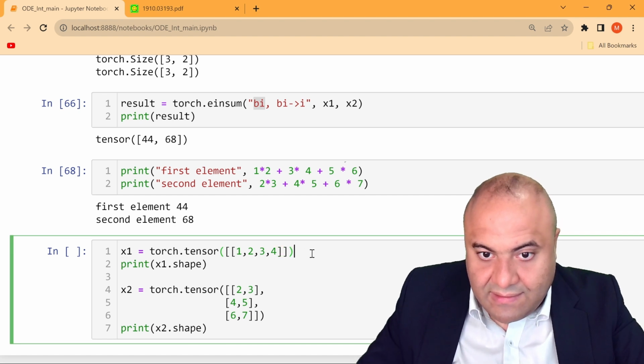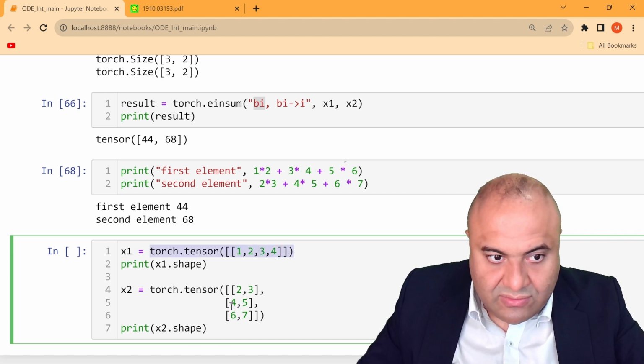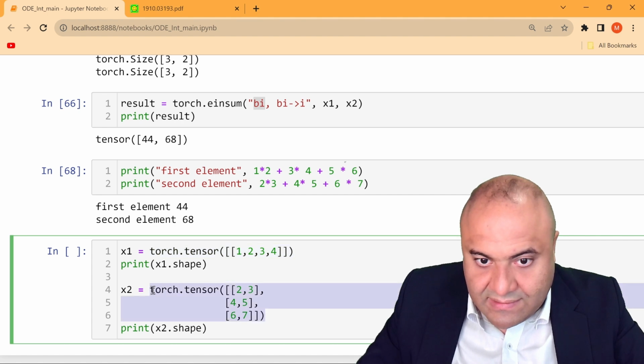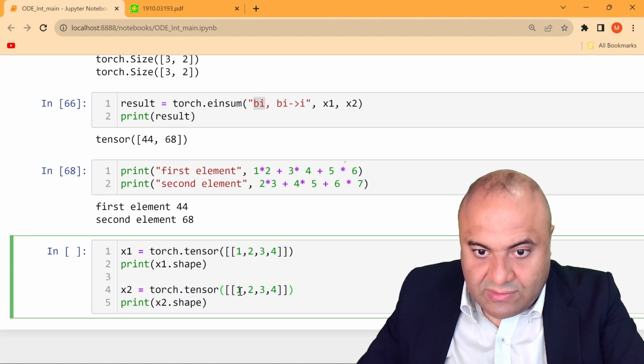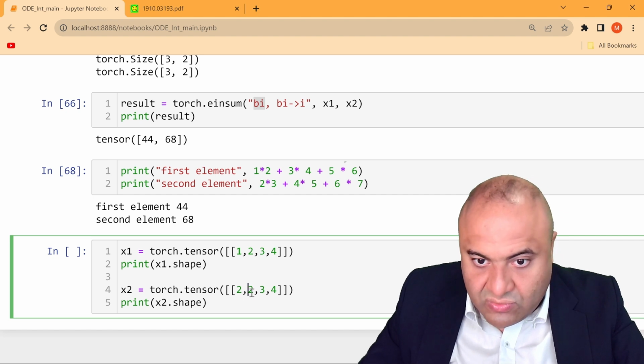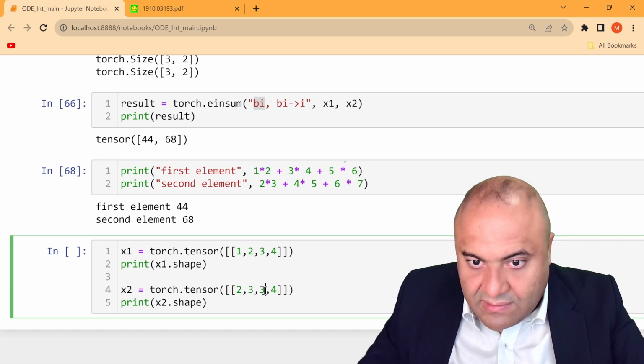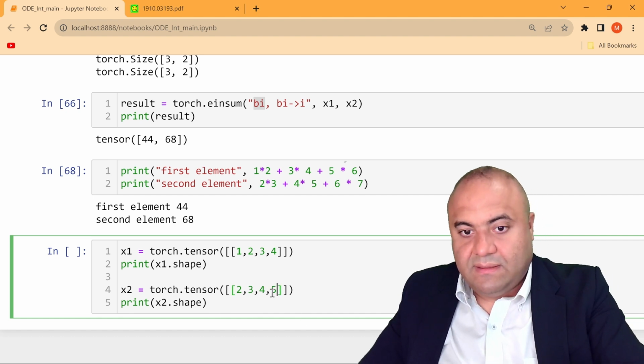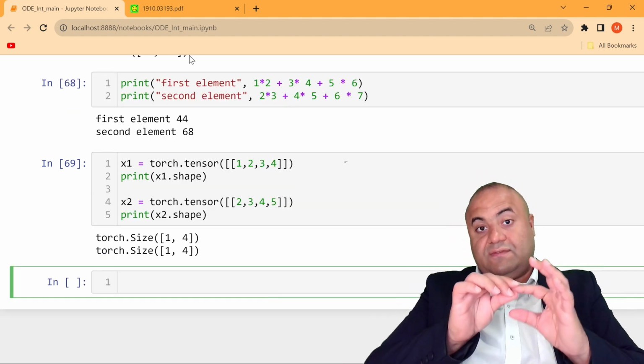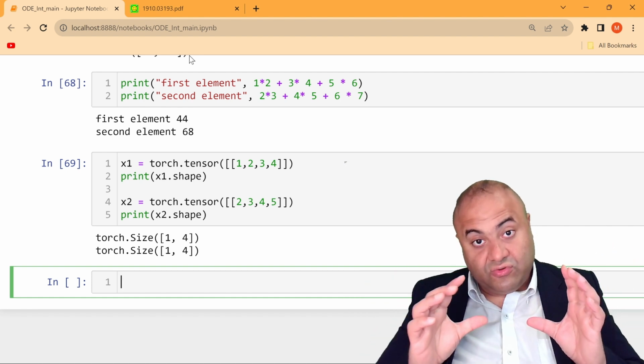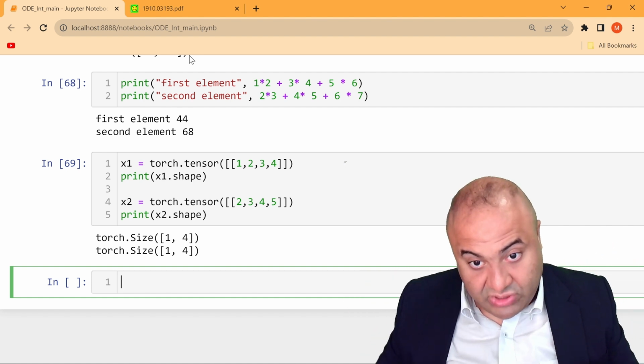And x2, consider it, let's say 2, 3, 4, and then 5, because we have two lines that have to be multiplied with each other.